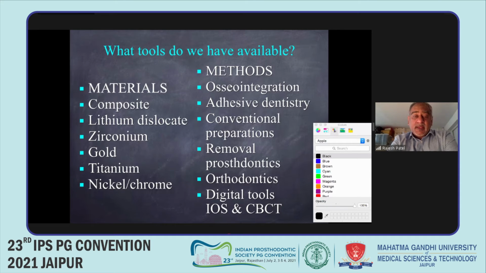And I think digital is definitely the future for prosthodontists. So apart from getting some loupes as postgraduate students, I would definitely invest in an intraoral scanner and software like MeshMixer, Exocad, InLab. It's definitely a digital world out there.